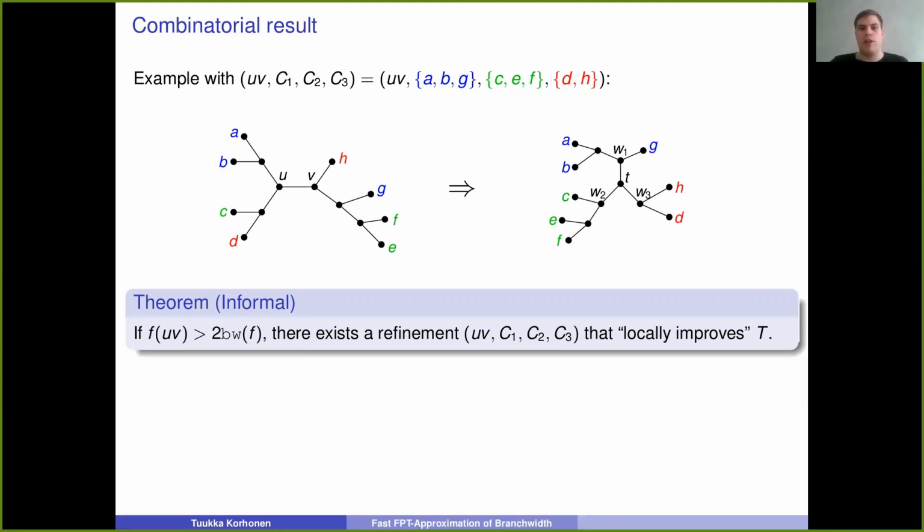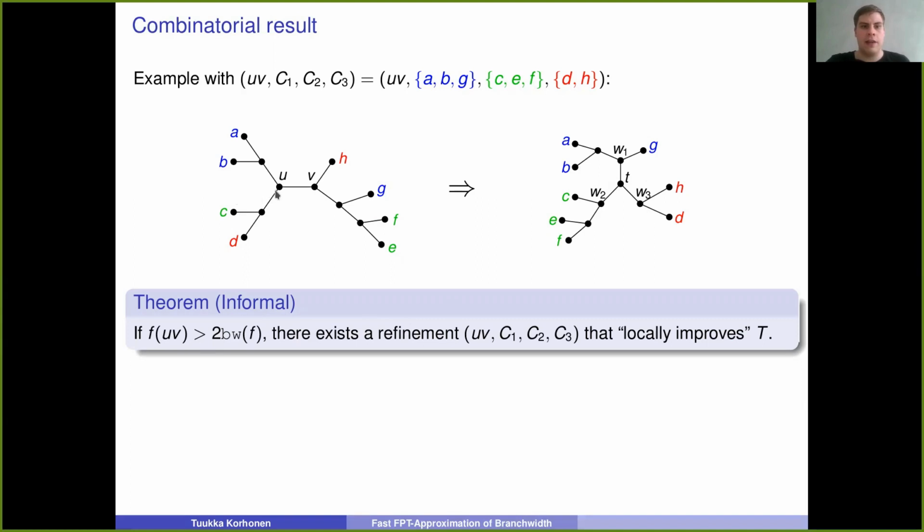What locally improves means here is that in this refined decomposition, all the edges near the center, these 3 center edges, and the edges at distance 1 away from them, also have width strictly smaller than this original edge UV here.